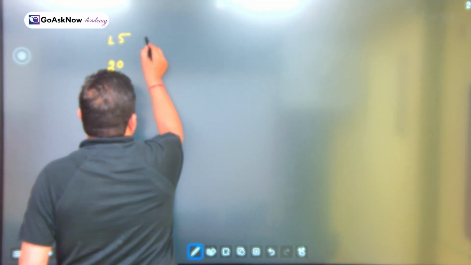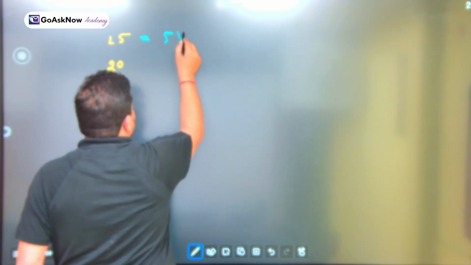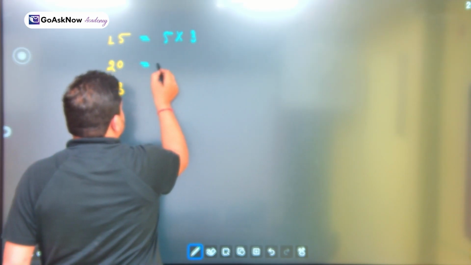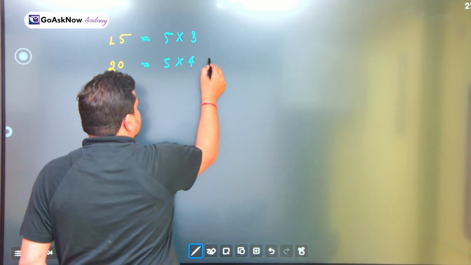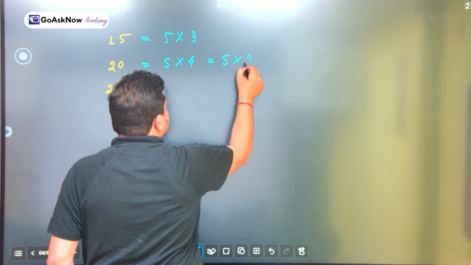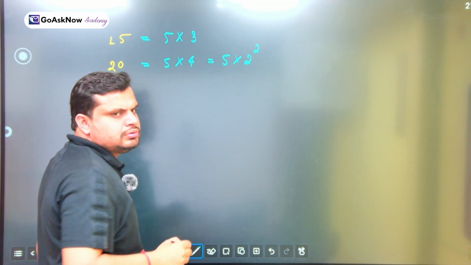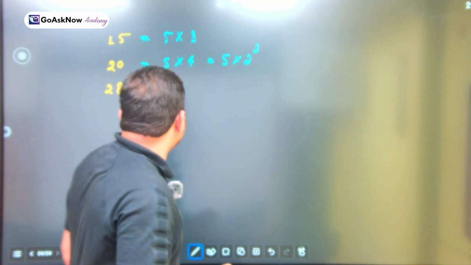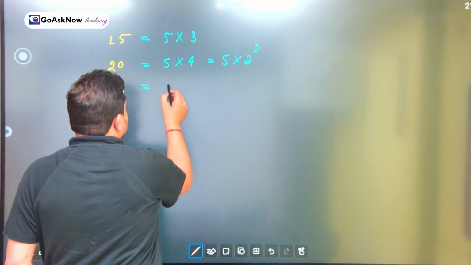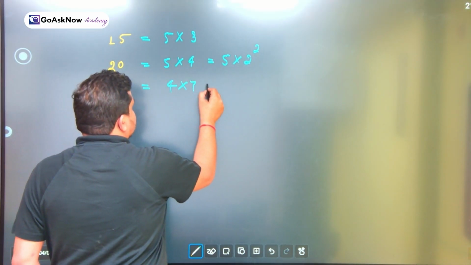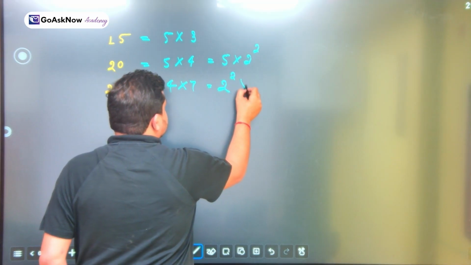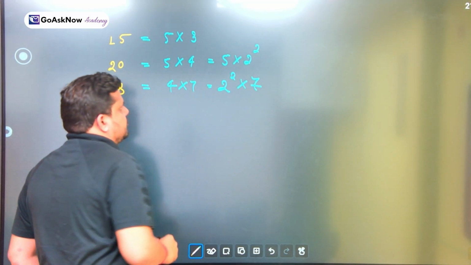First we will prime factorize them. So first is 5 into 3. Second we write down as 5 into 4, then we can write it down as 5 into 2 square. And for 28 we can write it down as 4 into 7, then 2 square into 7.